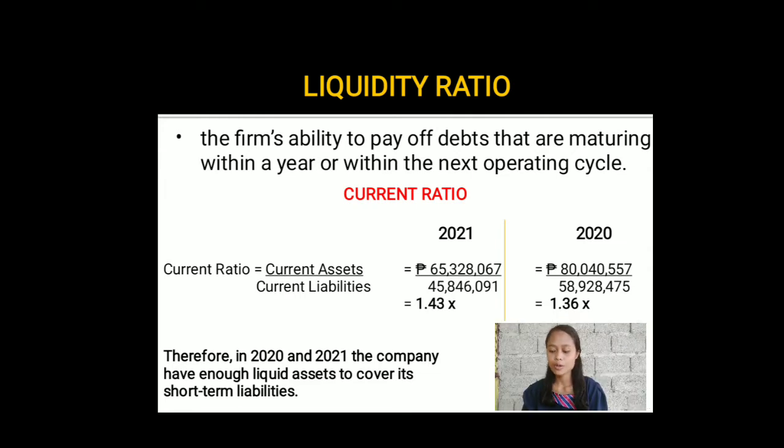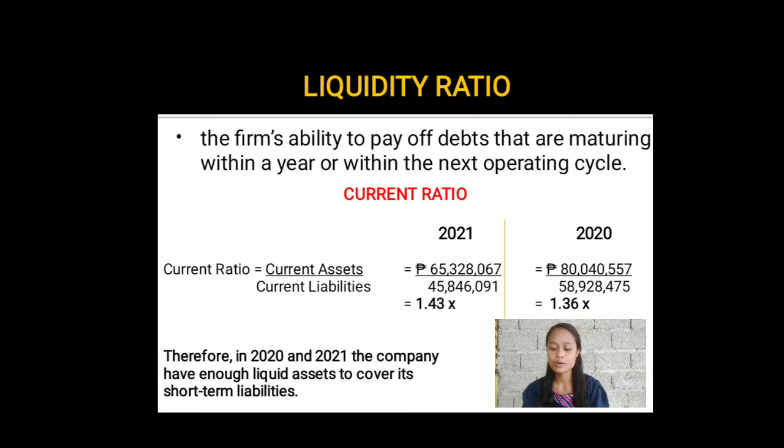For the year 2020, the current assets of Jollibee Foods Corporation is 80,040,557 over current liabilities of 58,928,475. This is equivalent to 1.36 times.